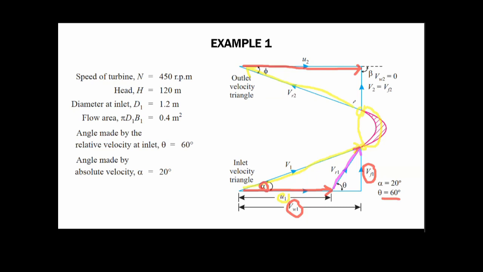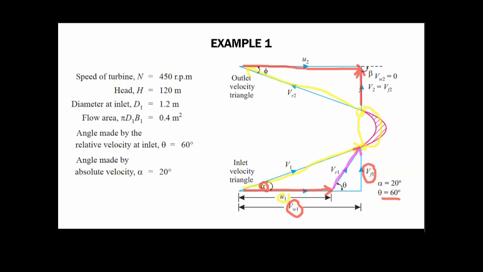Okay, and then we have the absolute velocity, v2, given by this arrow here.